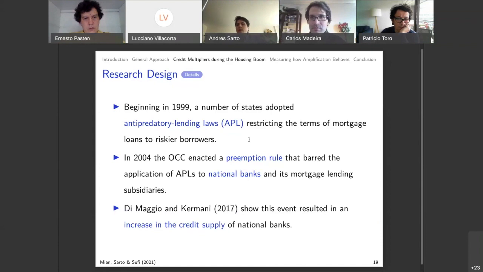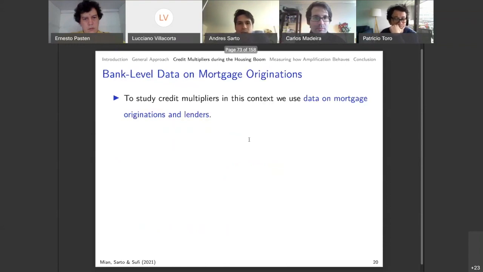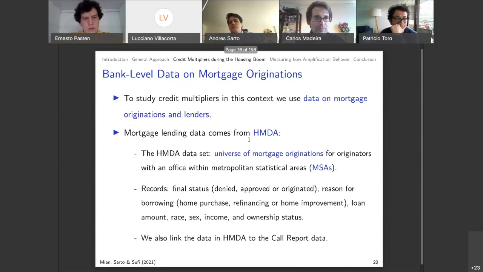We're going to load on their setup full on, and then look at what multipliers we get. On the data side, there's nothing particularly new or interesting here. We are using the HMDA data set. We're going to mix it with the call reports data as well, but there's nothing very special about the data.